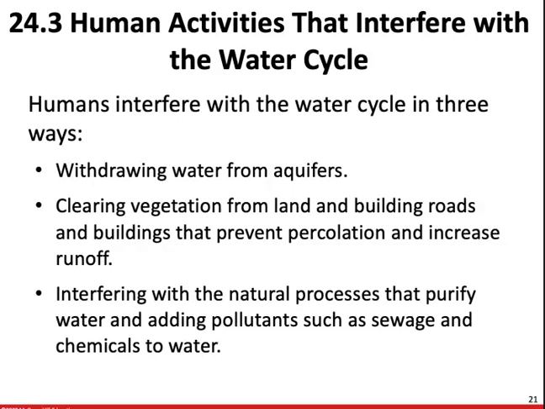Groundwater mining is when we withdraw water from the aquifers that exceeds any possibility of recharge, meaning that we take way more water from those aquifers than can be replenished by the melting snow and rain that percolates down. This is going to be done in some parts of the United States. We're going to see this a lot in the arid West and southern Florida.